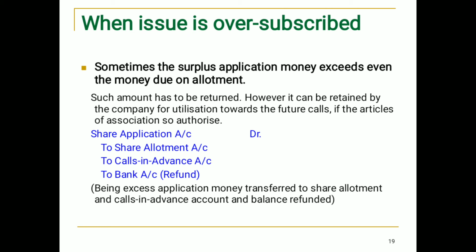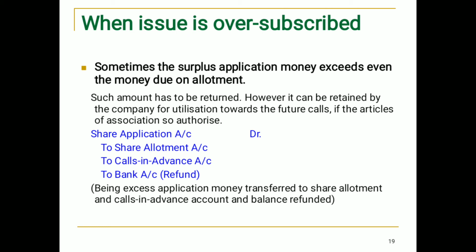This is the advance money for allotment and calls in advance. That means if you are not rejecting the applications, you will transfer it to share allotment account or calls account.